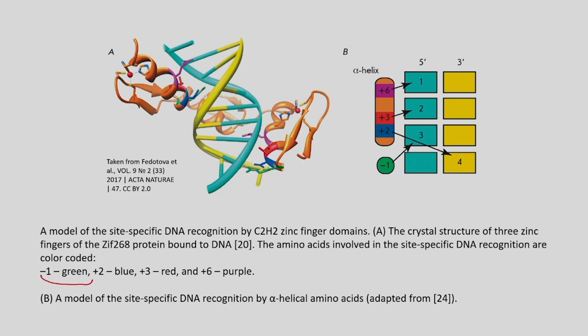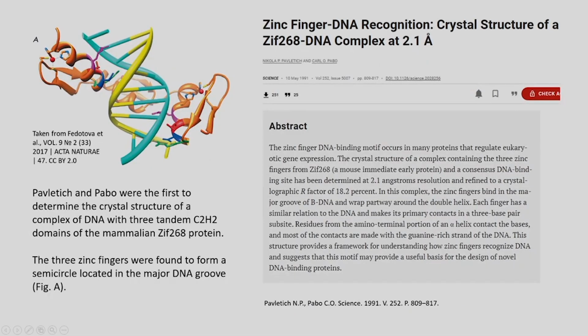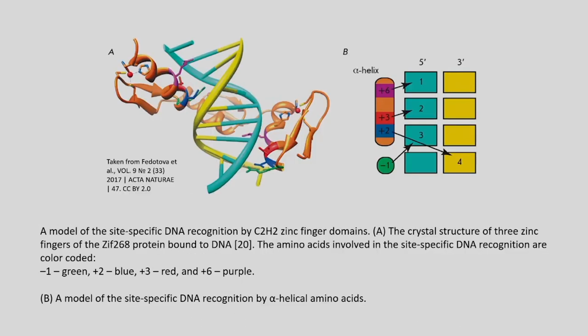-1 is green, +2 is blue, +3 is red, and +6 is purple. On the corresponding panel, figure B is a model of the site specific DNA recognition by alpha helical amino acids. A model of the site specific DNA recognition by C2H2 finger domains is being shown in this figure.